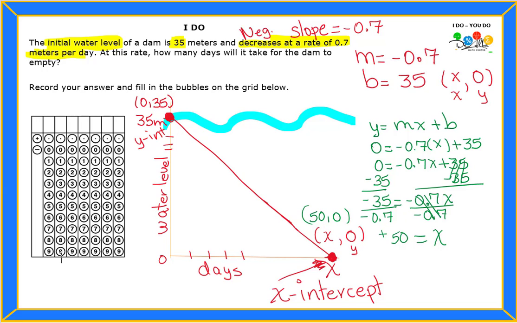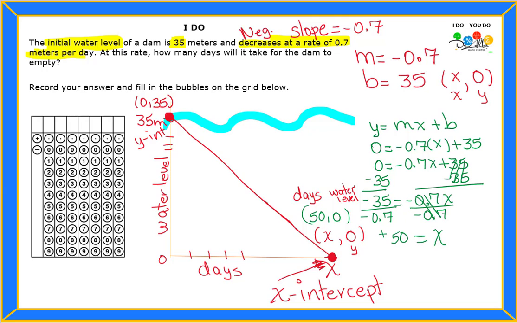But you know what will help you? If we actually write the labels for that. X is days. So I'm going to write down over here days. And Y is the water level.